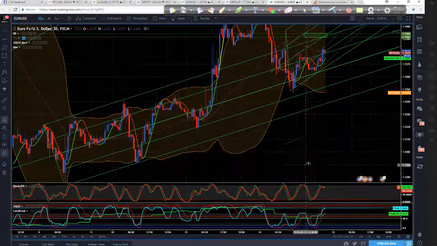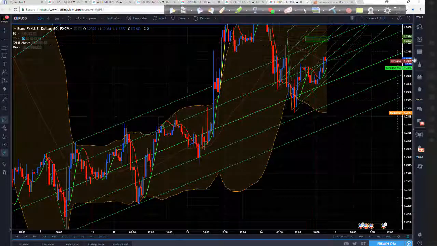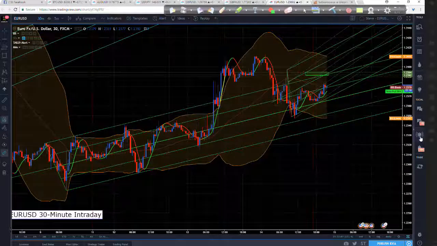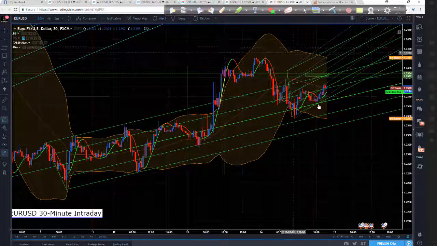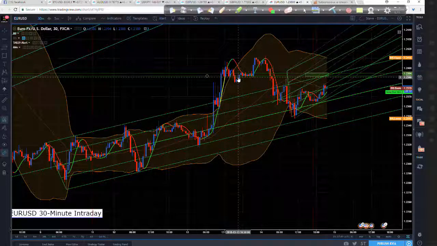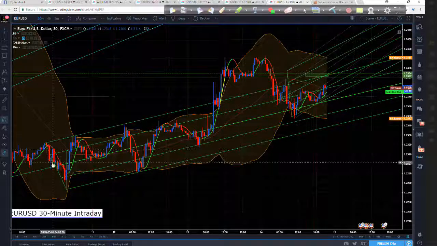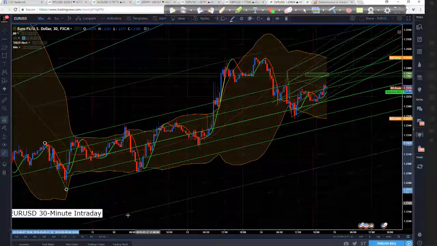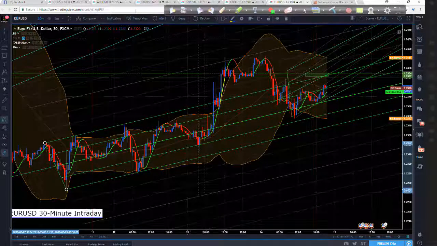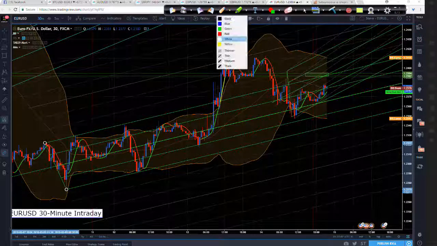So I already have a 30-minute fork here that has been running. Price left it and then came back down into it. And you can see I just turned on the warning lines for that fork.